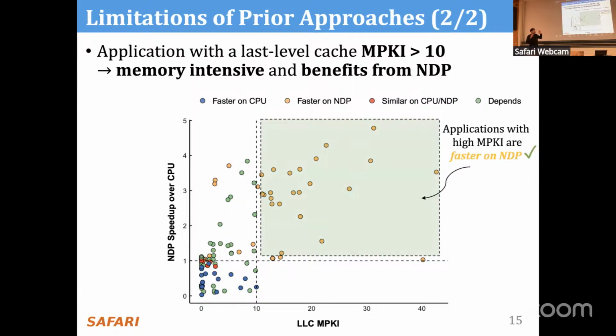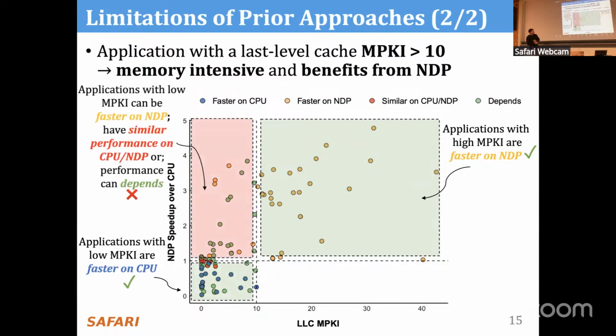If you look at the definition of memory intensive based on this metric, and we look at those applications with high last level misses per kilo instruction, so the utilization of the bus is high, those applications benefit from processing memory, which is expected. And for applications where this metric is low, below whatever threshold we are using, in this case 10, they are mostly benefiting from the CPU system. Those applications are not generating very high memory traffic.